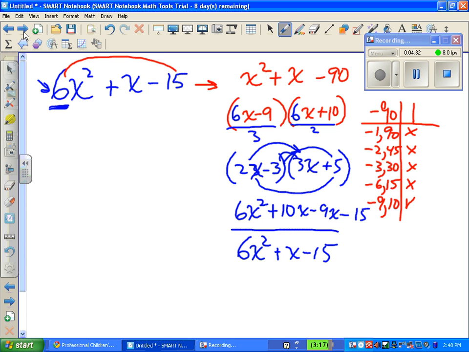And notice this is exactly the same as what I started with. So that's an easier way to factor polynomials that have a leading coefficient other than 1.